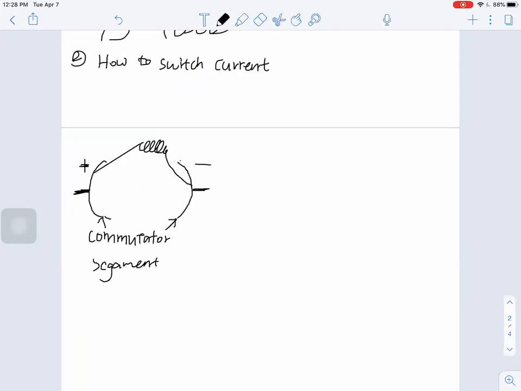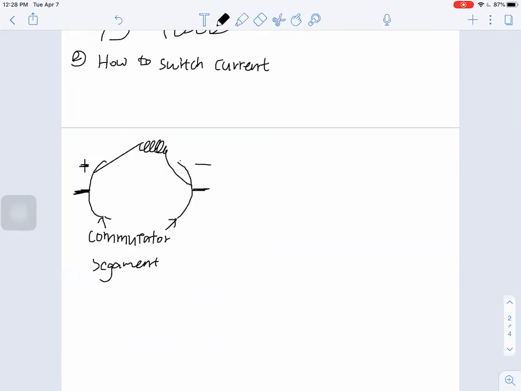Usually inside of a DC electric motor, you will need at least 3 commutator segments. Here I only draw 2. This is a much simplified DC motor design, but in reality, you need at least 3 commutator segments.